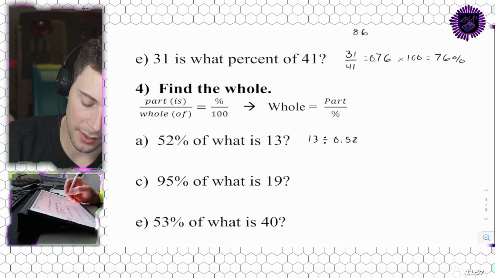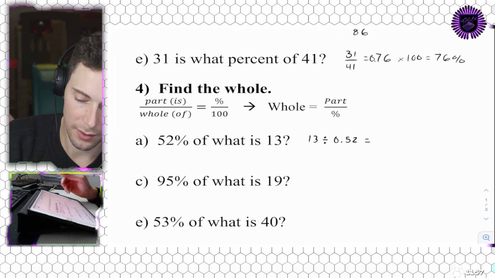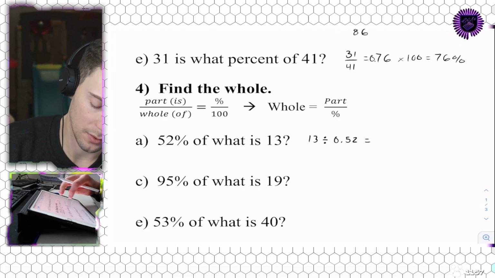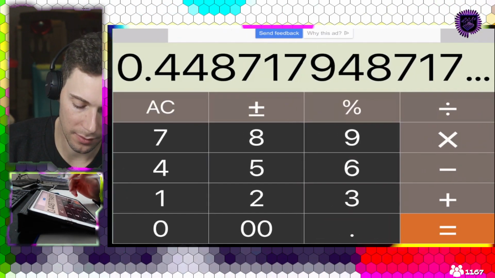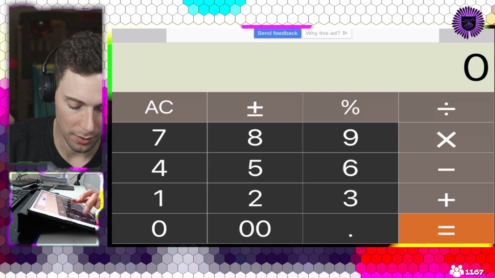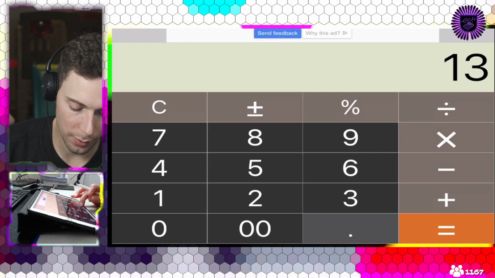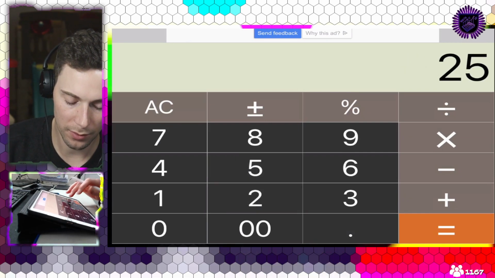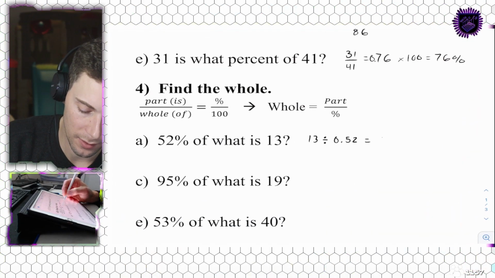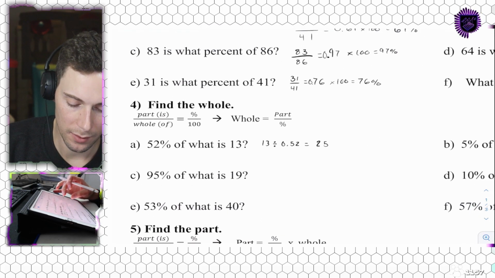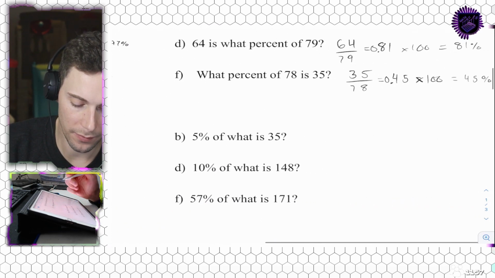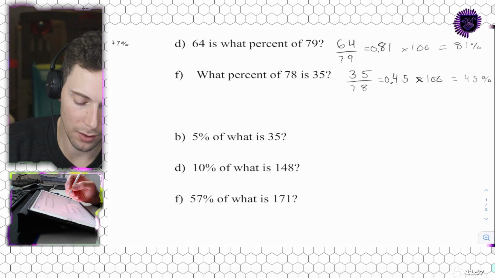When we do that, I think this one's going to be 25. Let's check it out. 13 divided by 0.52, 25. Next, 5% of what is 35?